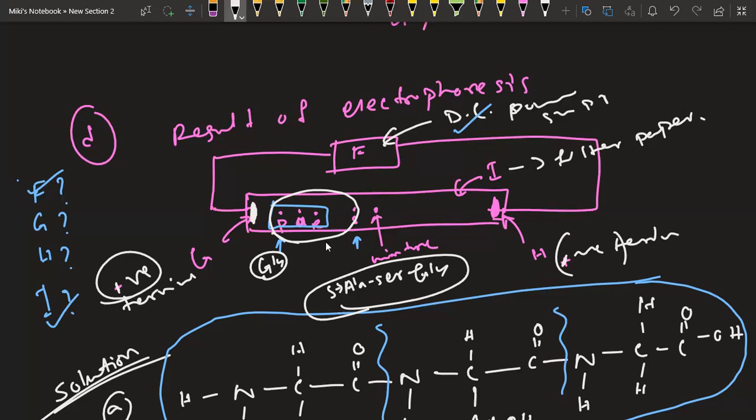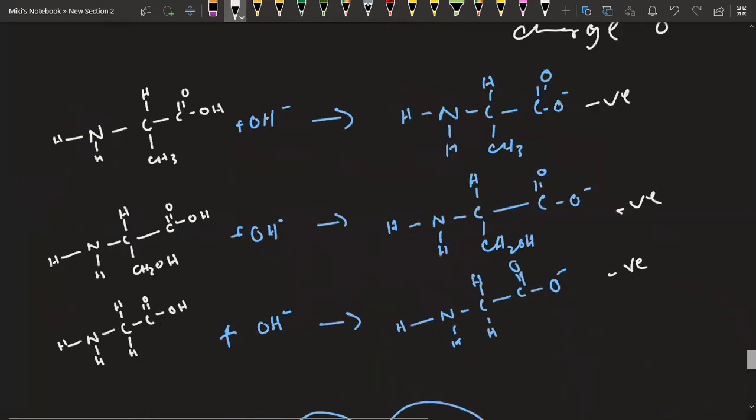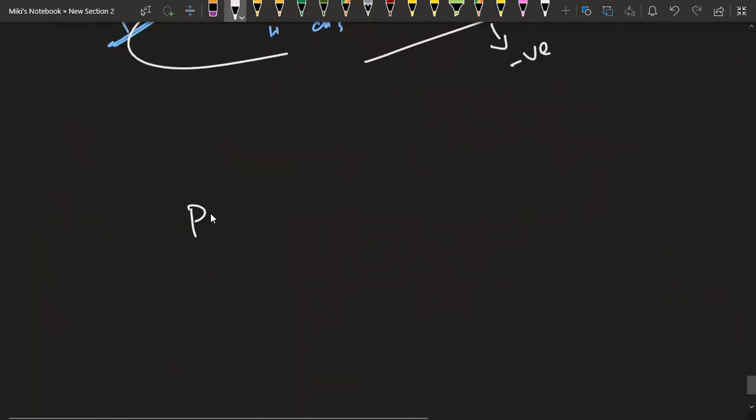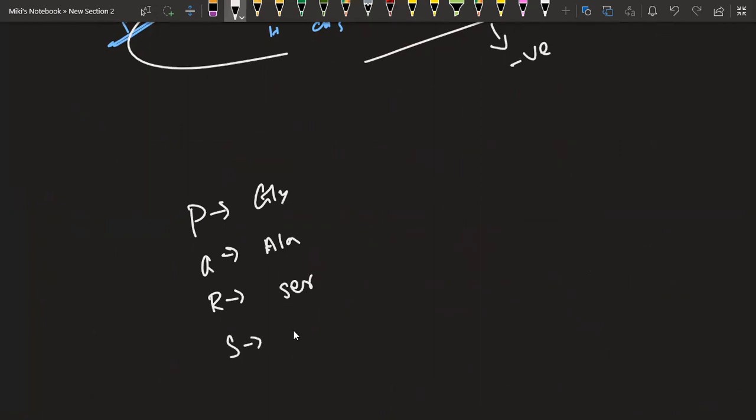CH2OH is heavier, so R is serine and Q is alanine. So that's how it needed to be solved. We got our answer: P is glycine, Q is alanine, R is serine, hence S is ala-ser-gly.